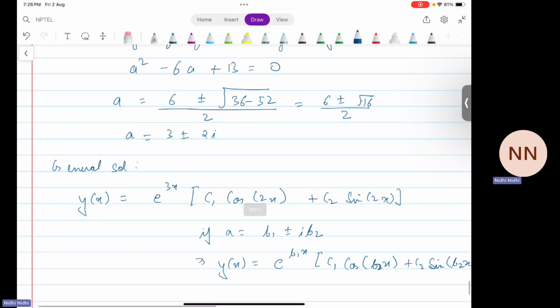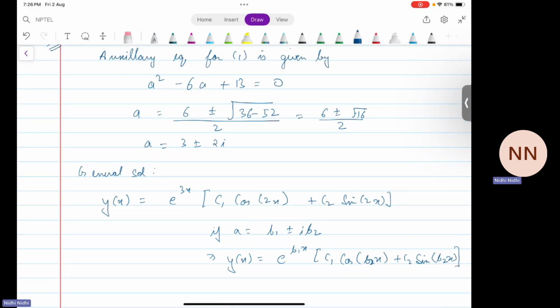So the general solution is given like this. So this gives us our general solution.